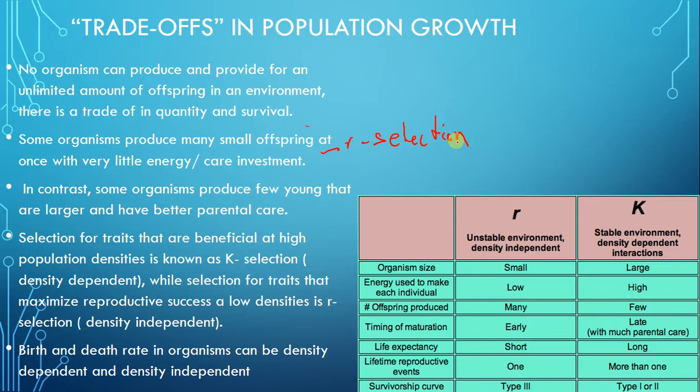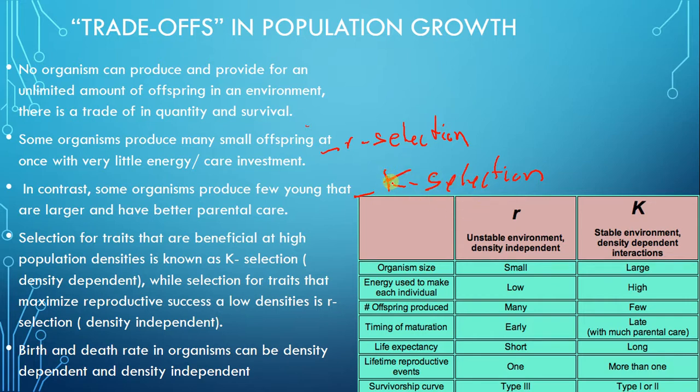And other species have very few young, right? They're larger on average, but they take a lot of parental care of them. They invest a lot of nutrients, a lot of energy, and we call this a K-selected strategy. K-selected species are selected for traits that are beneficial at high population densities, or density dependent.